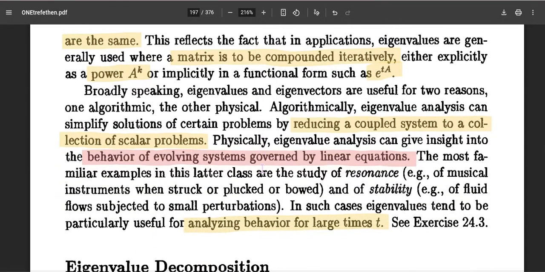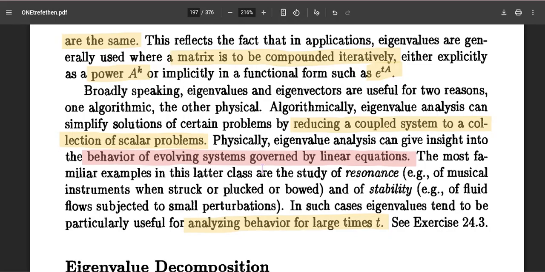And these eigenvalue systems are mainly utilized from two perspectives. One is the algorithmic perspective and the other is analyzing real physical systems. In the algorithmic perspective, where we have nonlinear coupled equations, it helps us formulate decoupled scalar problems.